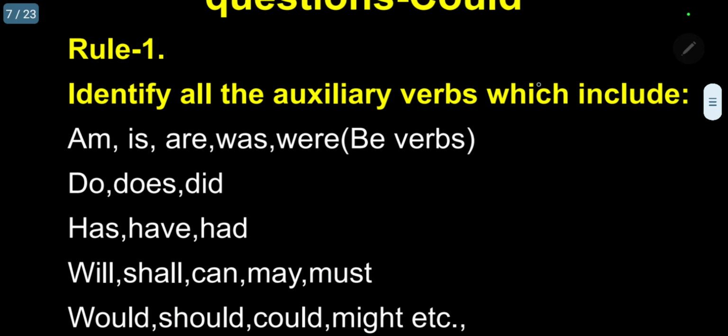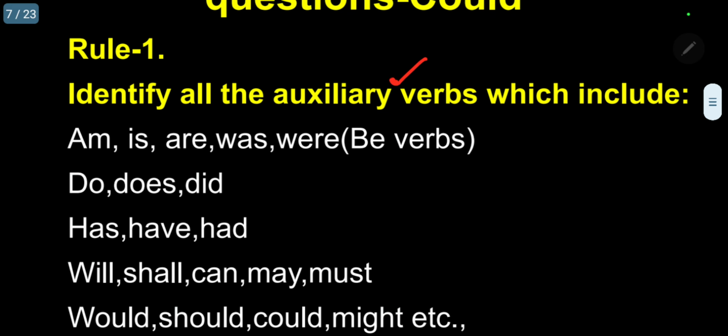So, in order to frame questions using secondary auxiliary verbs or modal verbs, we have to follow 5 rules. The first rule says, identify all the auxiliary verbs.